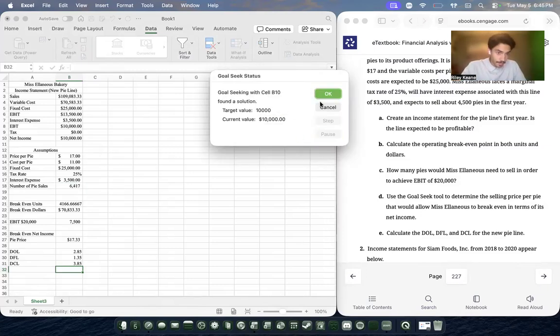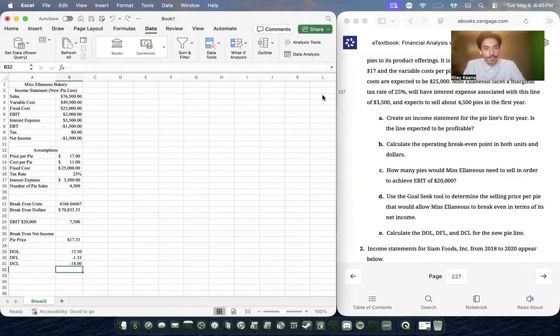So for this example problem, our miscellaneous bakery might want to consider if they believe pie sales will increase after the first year, or if they don't see the pie sales exceeding what they're currently at, it might affect their decision of whether they should introduce the pie line altogether.